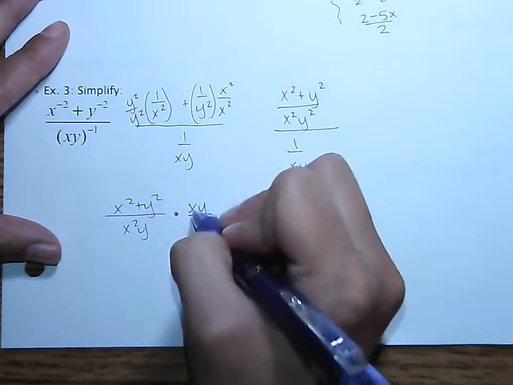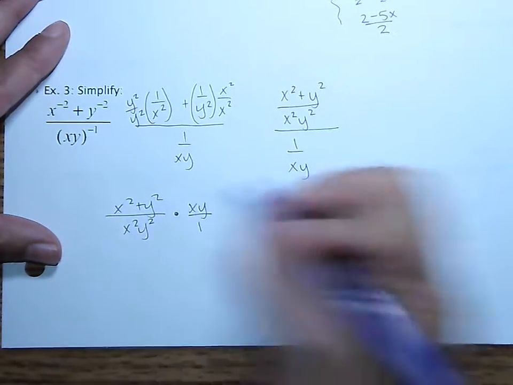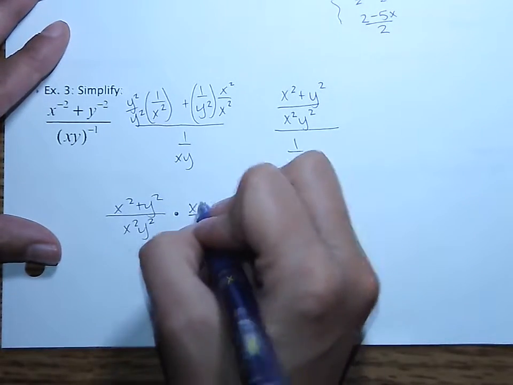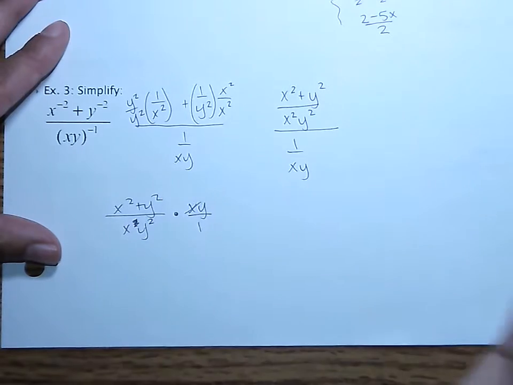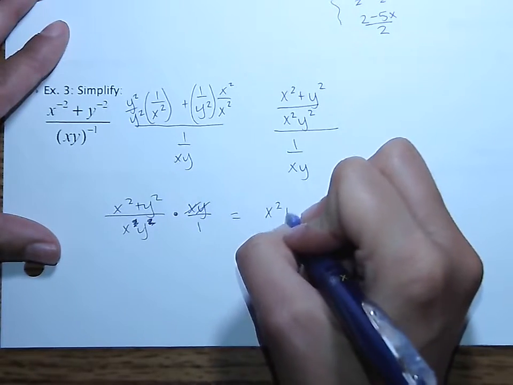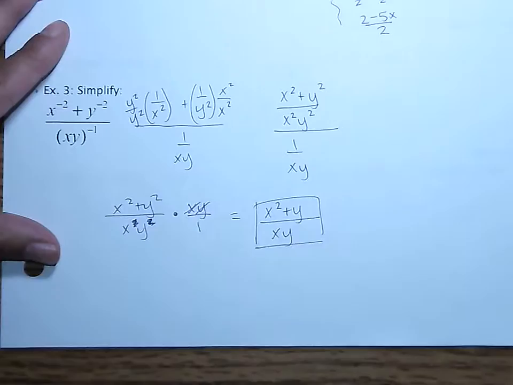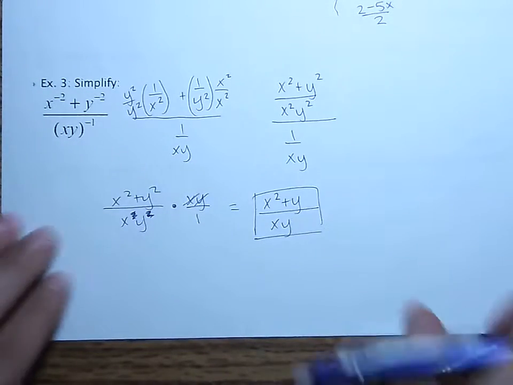So I can distribute this out, or I can go ahead and cancel. Oh, I forgot my 2 here. I can go ahead and cancel this. So x cancels with this, y cancels with this, and I end up with just x squared plus y over xy. All right.